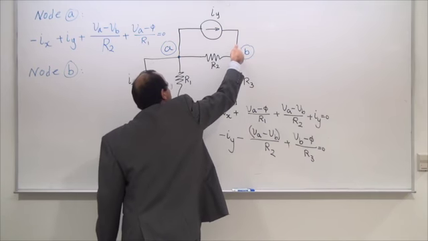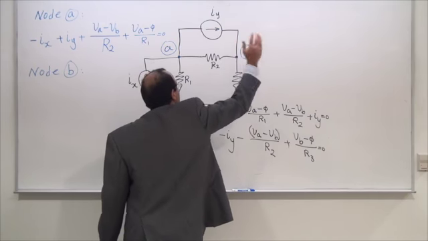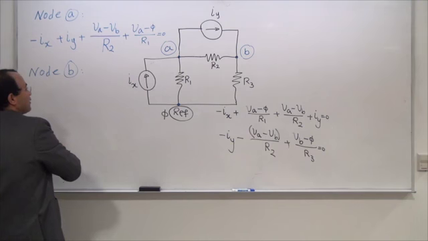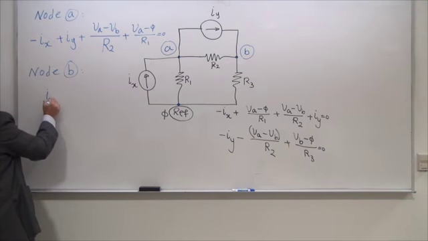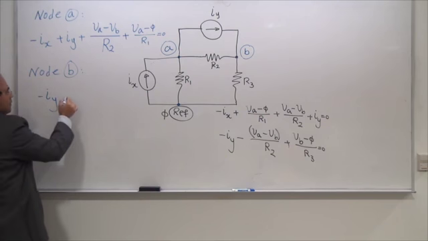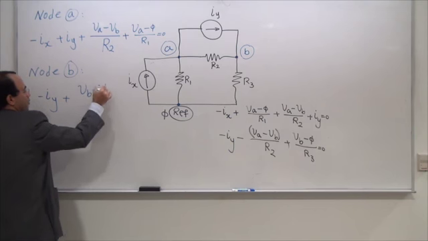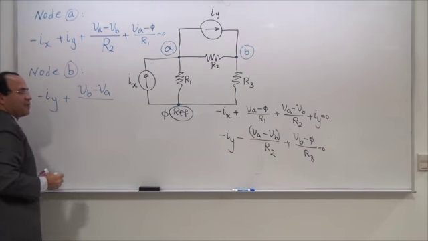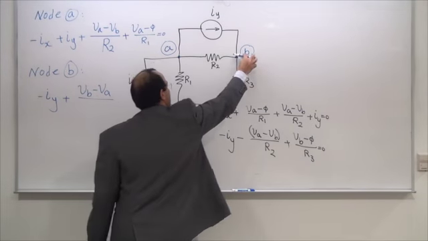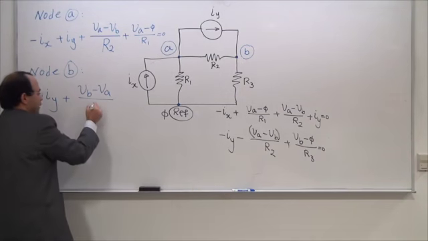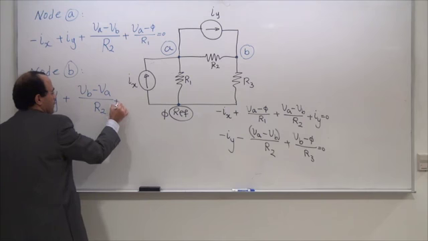Unless the current is forced upon me onto the node, every other current is leaving the node. So in this case, current Iy is entering the node. When I get to R2, I'm saying VB is the biggest one, and VA is obviously smaller, and therefore the current in this node is going to leave this way. So it's going to be R2.